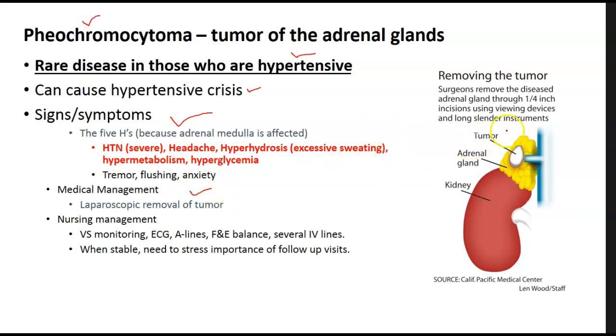Even though the medulla is affected, because you're removing all of it, make sure that you understand that patients are going to need replacement of their steroids. So a lot of these patients, when they're getting set up before surgery, you're going to have to replace their hydrocortisone.